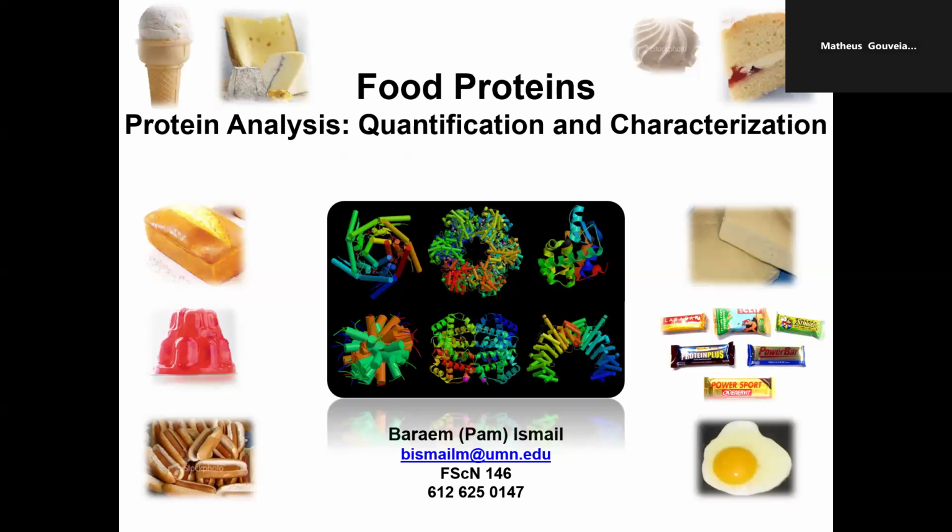Then we will know, is it vicilin, 7S, or is it legumin, 11S? And then we can compare it to different 7S's and 11S's. But running amino acid composition, definitely we can use it. Very good. Any other thoughts?